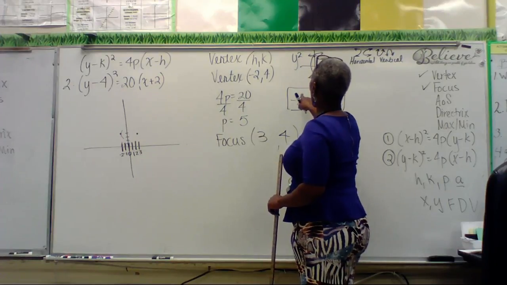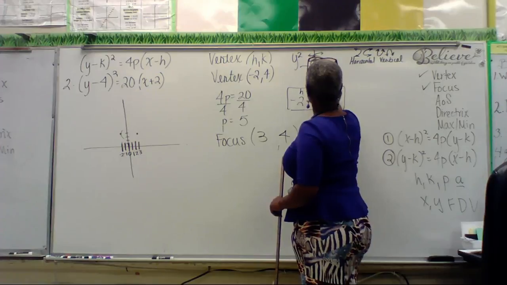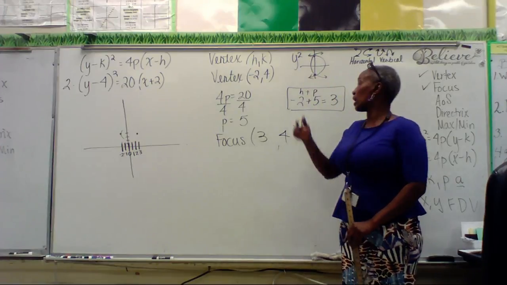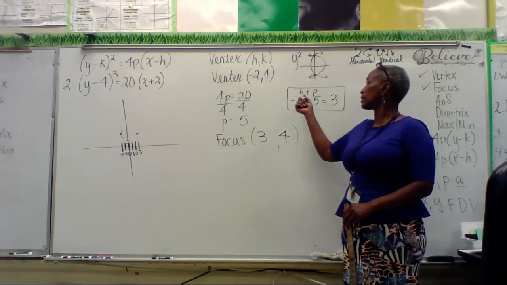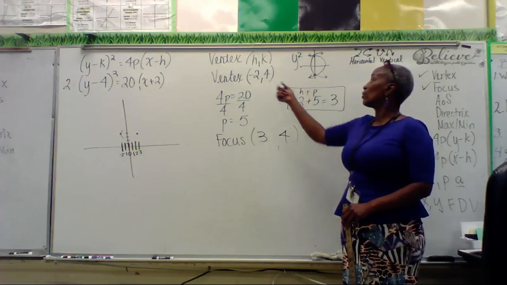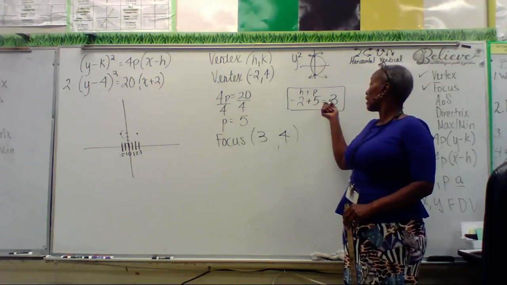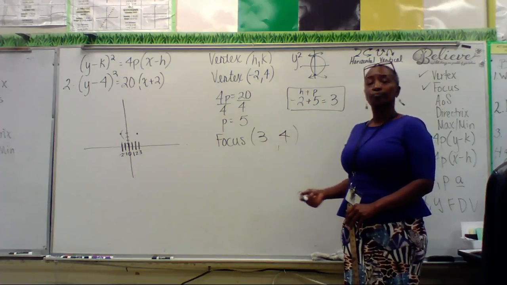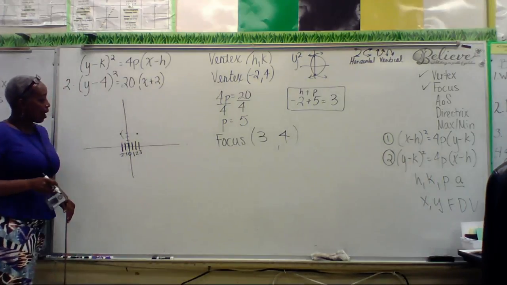So instead of our K, this would be our H plus P. That's what we talked about on the concept. Remember I told you we're looking at this H value, which is our X value, which is -2, and we're going to add P, and then we end up at 3.